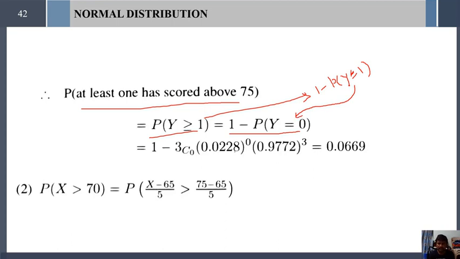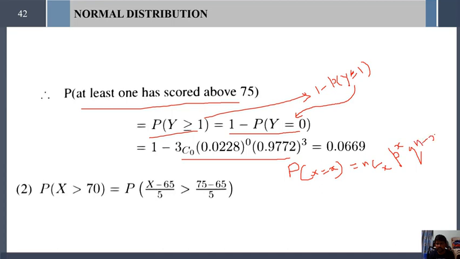Therefore, 1 minus, what is the PMF, the probability mass function for the binomial distribution? Probability of capital X equal to small x is equal to nCx into P to the power x into Q to the power n minus x.